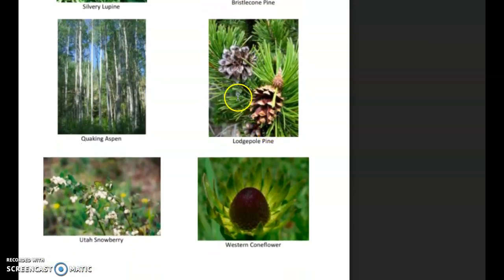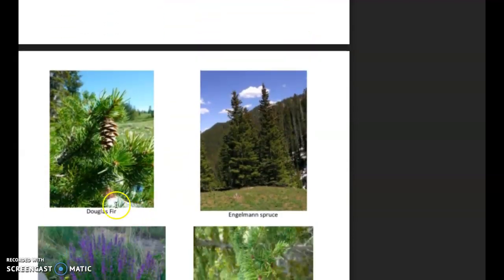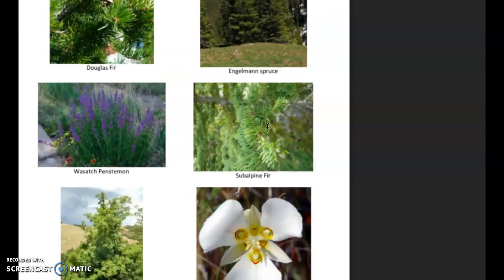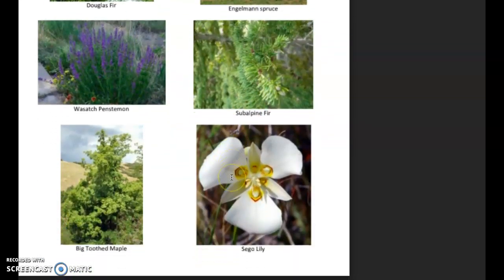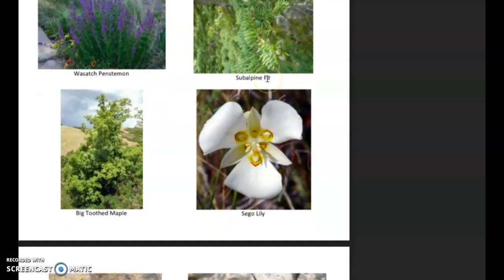Lodgepole pine, there's needles there and cones. If I scroll down, the Douglas fir, oh, there's needles again with a cone. The Engelmann spruce, I know that that looks like a tree with needles. And subalpine fir, that looks like it has needles.